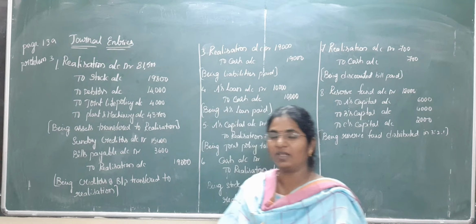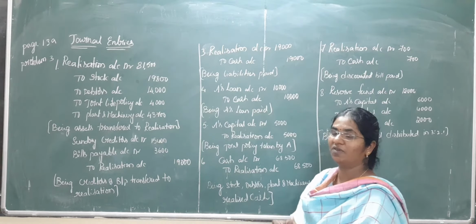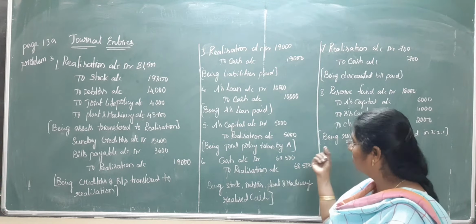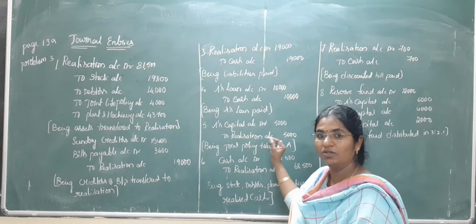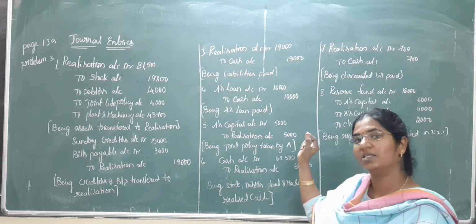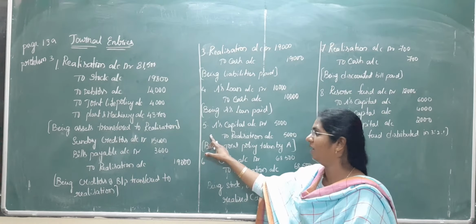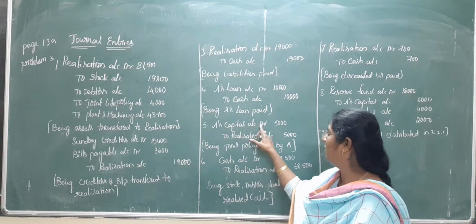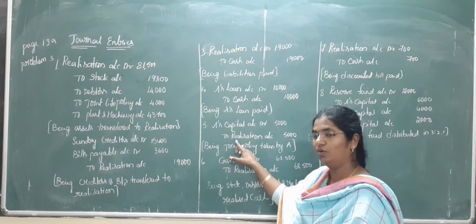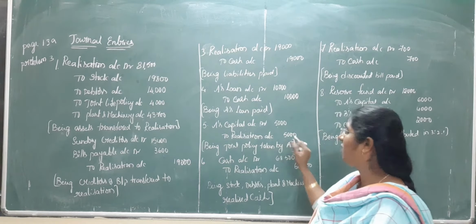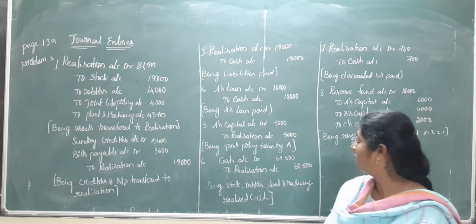So we have to write all those realizable values of assets with the concerned journal entries. Here I have written journal entry number 5: A's capital account debit to realization account 5,500, sorry, 5,000.